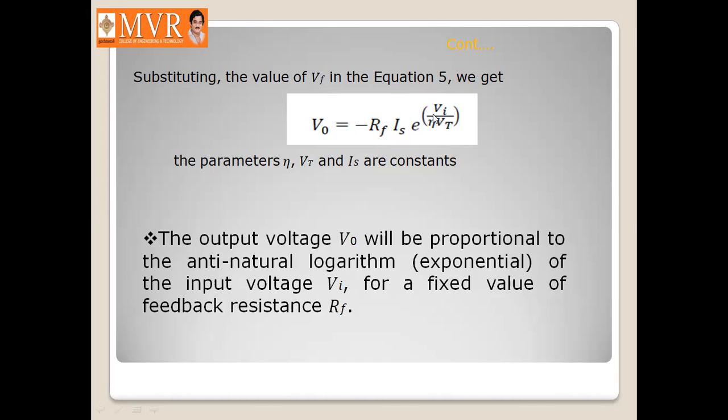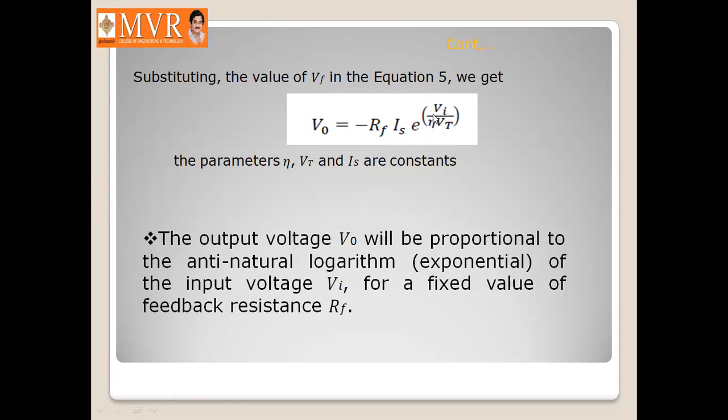So when these are constant values, the output voltage produced by this circuit will be proportional to the anti-logarithmic value of the input signal. So this is how we obtain the anti-logarithmic value of the input signal.